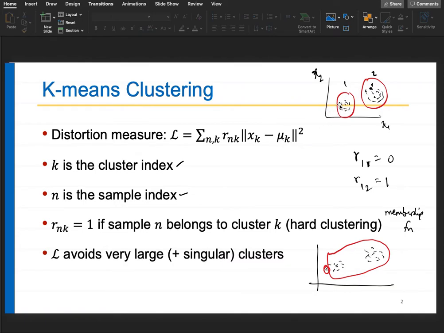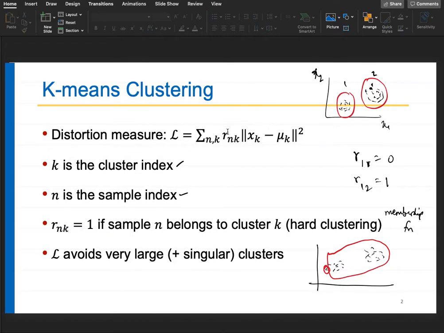Mu k is the mean, and then Rnk is the membership function, which means the sample n belongs to the kth cluster. So it is a hard assignment, which means sample n can belong to only one of these clusters. It cannot belong to both the clusters together with some soft weight. It is just either 1 or 0, right?